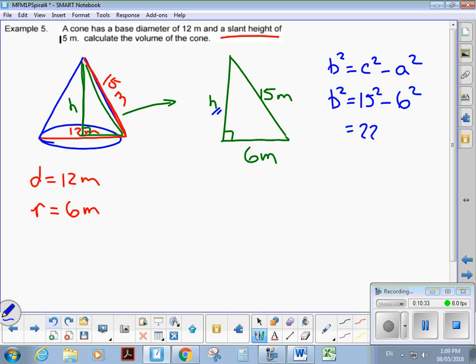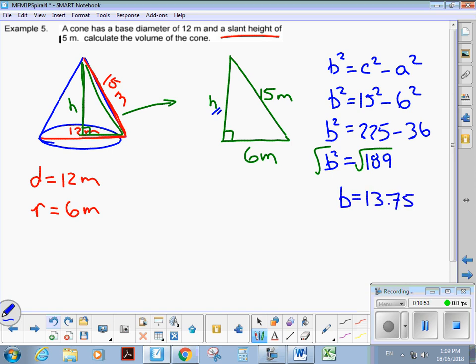So 225 minus 36. So b squared is equal to 189. Take the square root of both sides, and you get 13.75 meters for the missing side.